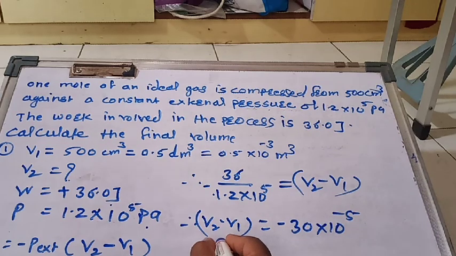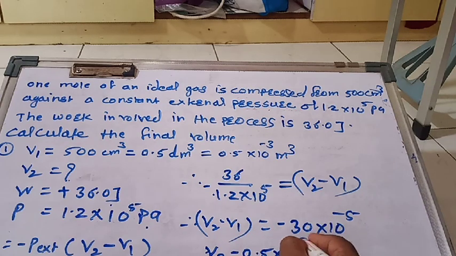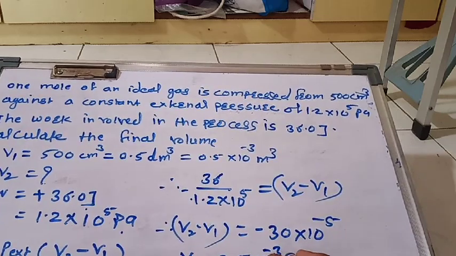As V1 is given, so V2 minus 0.5 into 10 raised to minus 3 is equal to minus 30 into 10 raised to minus 5.